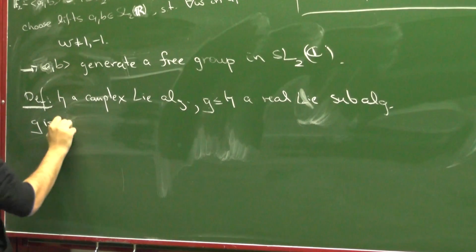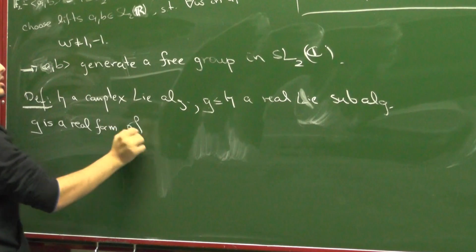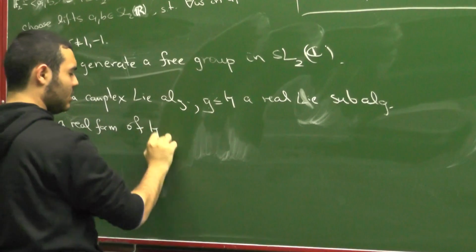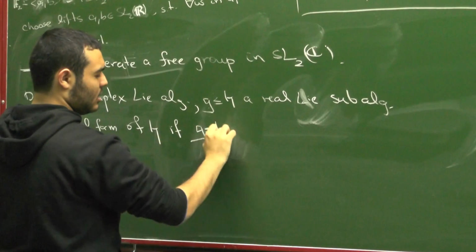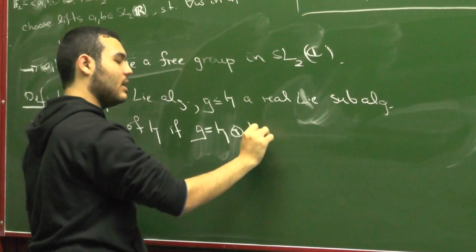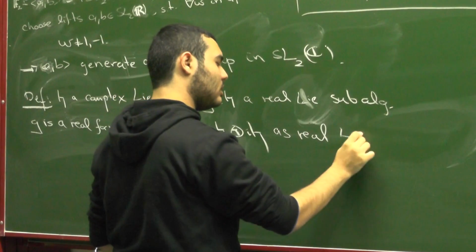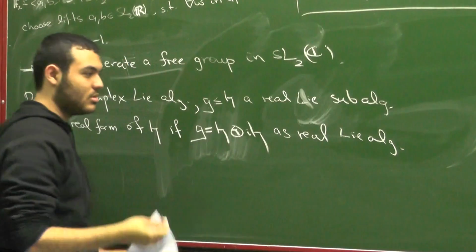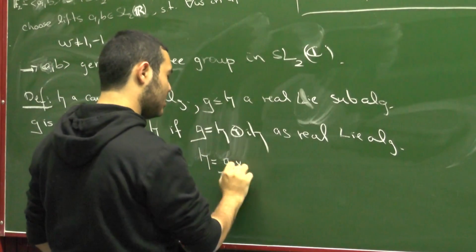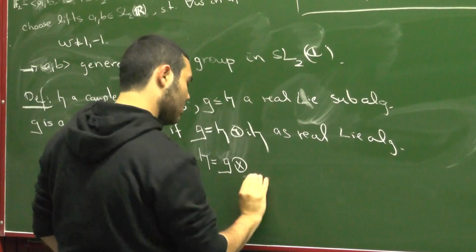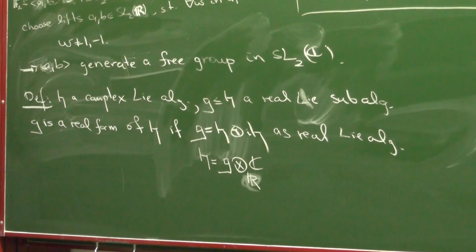G is a real form of H if you have that H is G plus iG as real Lie algebras. Maybe in a more sophisticated manner, H is exactly the complexification of G.